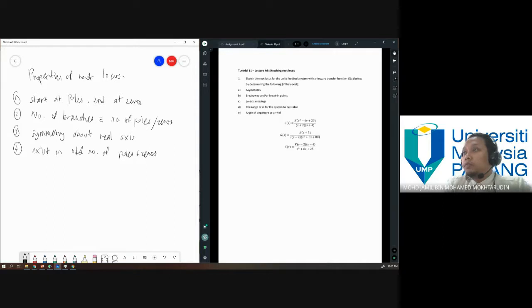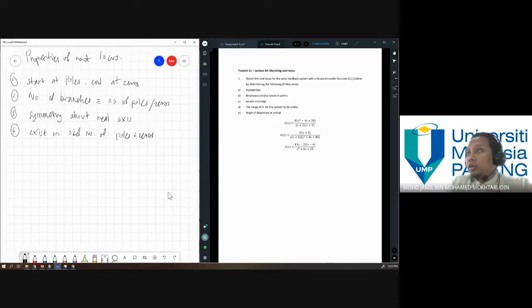Okay, so the first four rules will determine or decide the shapes of the root locus. So for the first four rules, it doesn't involve a lot of calculation.